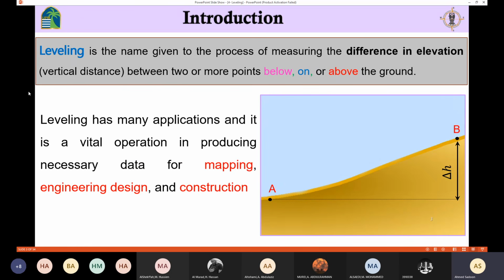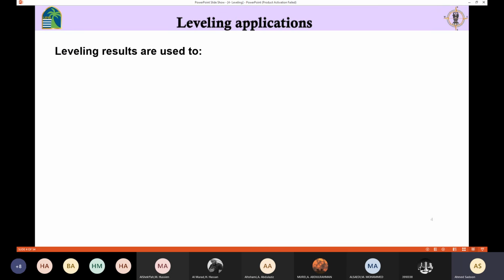And leveling has many applications, and it's a vital operation in producing necessary data for mapping, engineering design, and construction. So the leveling process is very important. The data that we gather from leveling is going to be used in very important processes in mapping, construction, and engineering design.